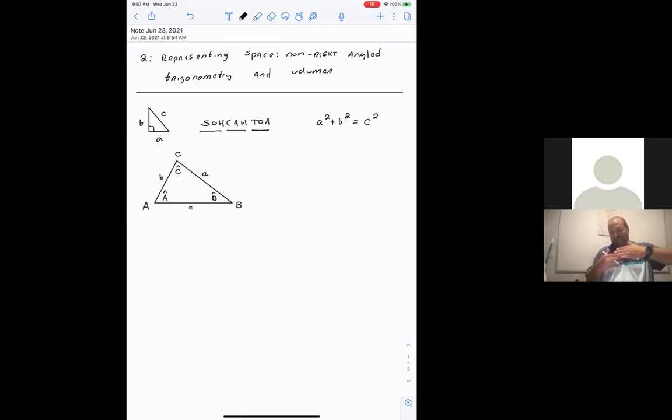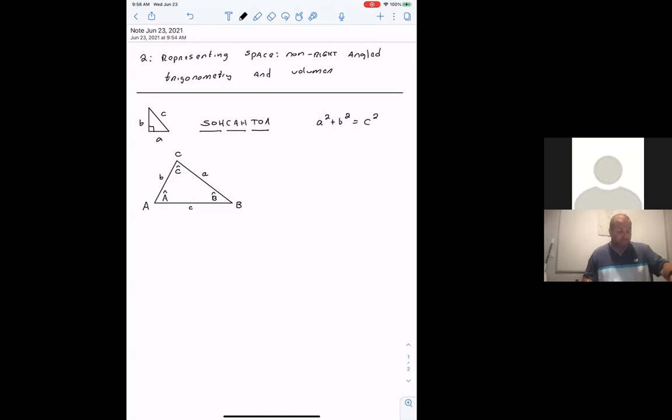You have to be very obvious when you write it which one it is by the size. So my capital C's I'll make bigger, my lowercase c's I'll tend to make very small, which could be one reason why the book likes to use these hats to be even better. I'll do my best. I make no promises. I might use hats, I might not. So just be aware, capital is angles and lowercase is sides.